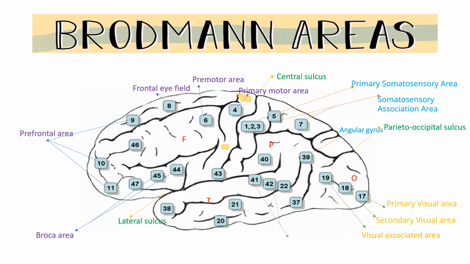Area number 41 and 42 is the primary auditory area that is responsible for hearing. And area number 22 is Wernicke's area, that is responsible for the understanding of speech, that is a sensory speech area. And area number 43 is the primary gustatory area that is responsible for taste. These all are the Brodmann areas of the brain.